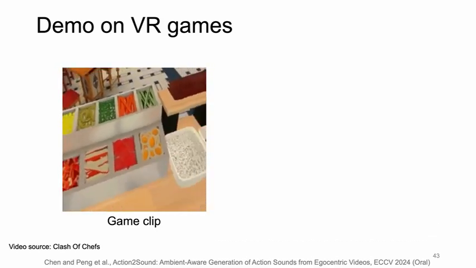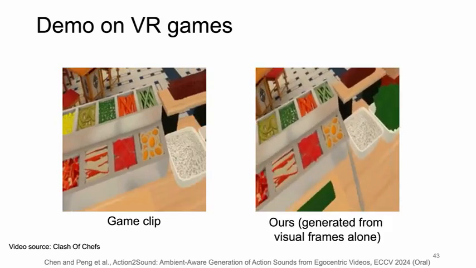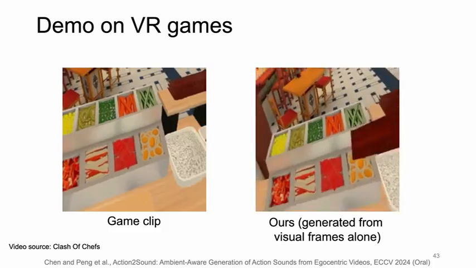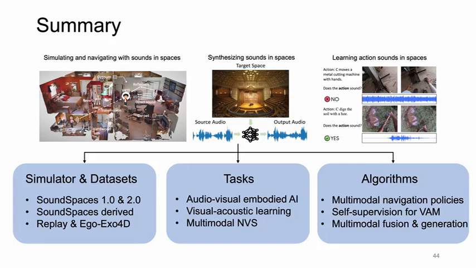You can hear there are three cutting sounds, and here's what we generated. So these preliminary results show that our model can generate synchronized action sounds, suggesting the promising future in learning action to sound generation from real videos and applying them on VR games.